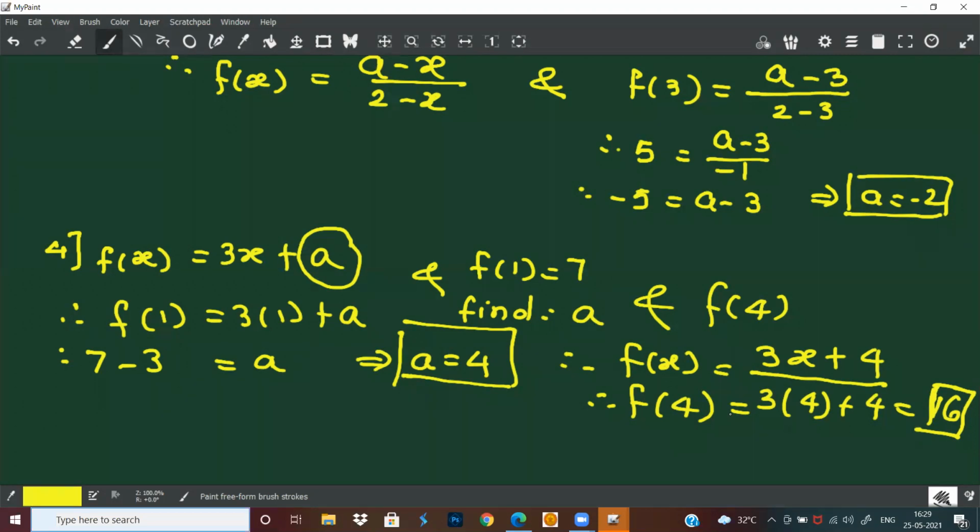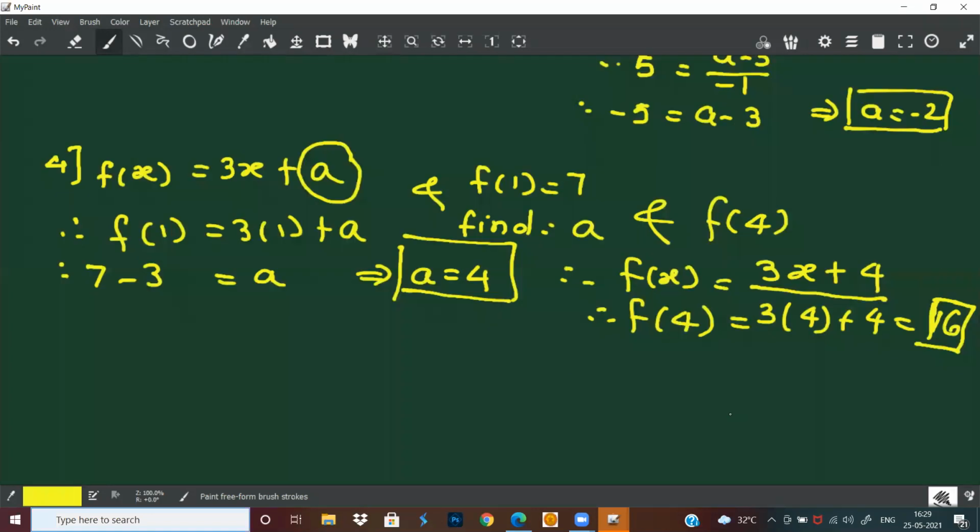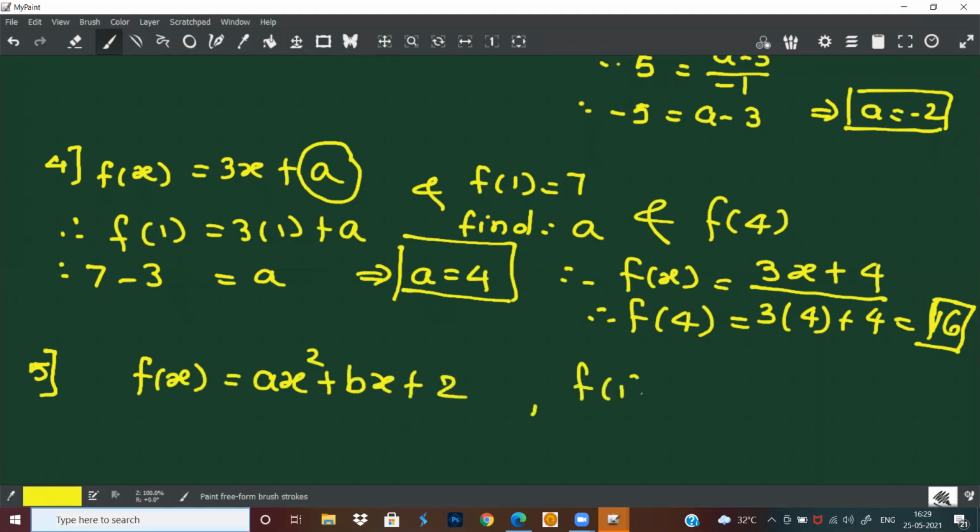Just tell me one thing. Have you done logarithmic functions in detail? Can anyone tell me, please? Have you done, or should I take it in detail? Because it's quite important. Logarithmic functions.